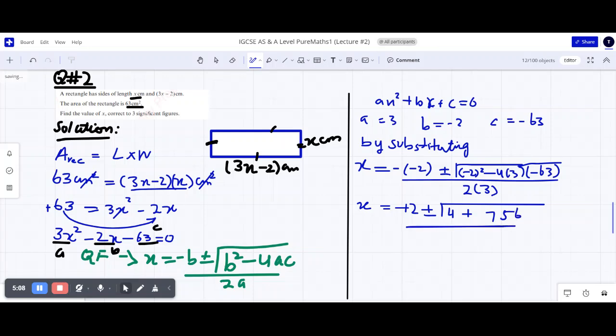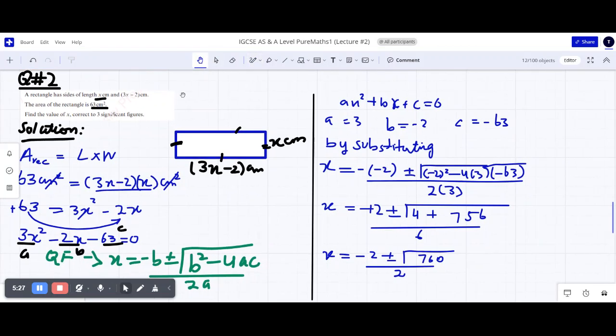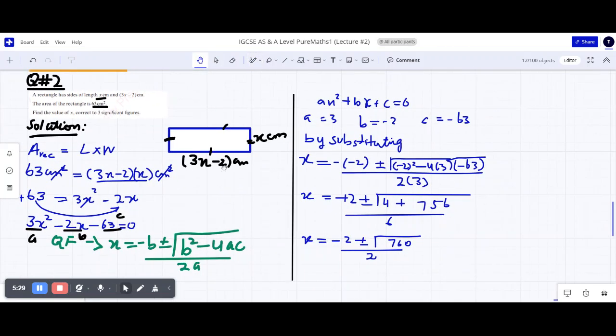Then divided by 6. After that, x is equal to 2 plus minus root 760 divided by 6. Now we got two values there. One time we will write with positive and one time with negative.